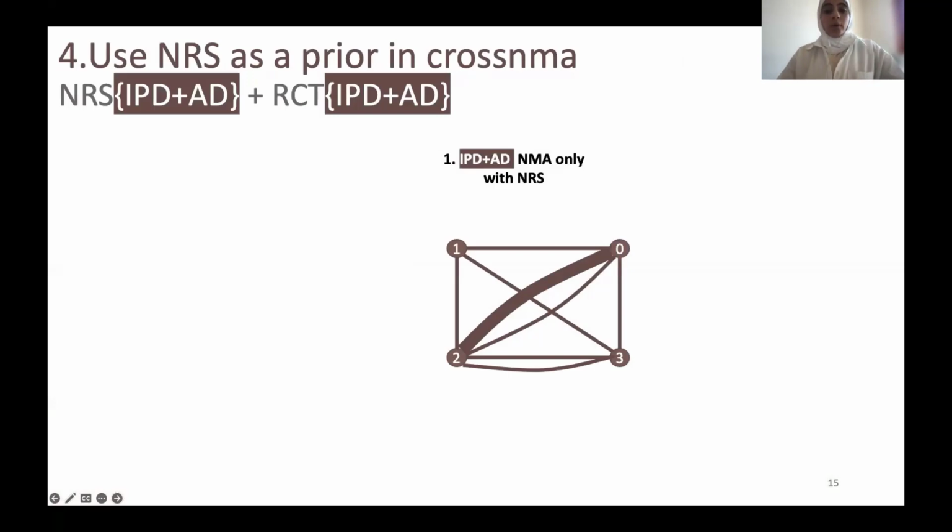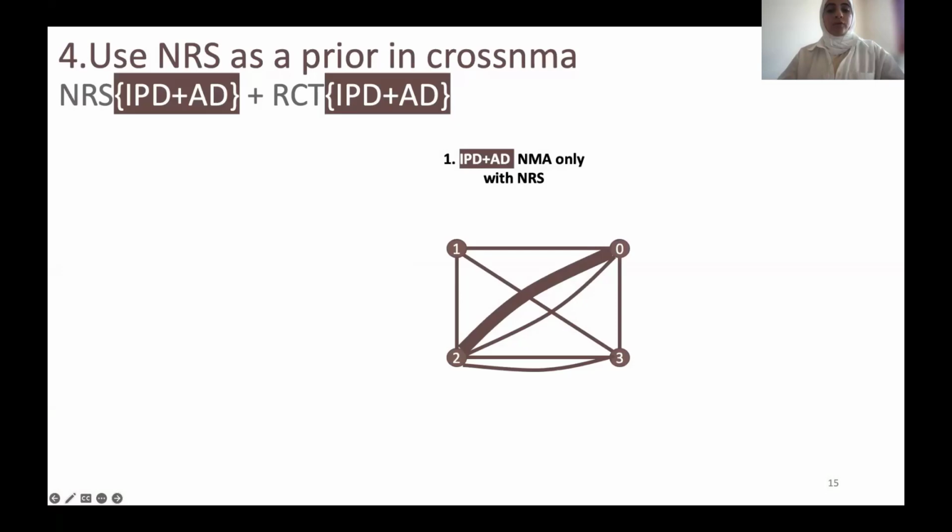The last Crossnma model we have introduced to combine clinical and observational data is a two-step approach. In the first step, we conduct network meta-analysis or network meta-regression using only non-randomized studies or observational data.